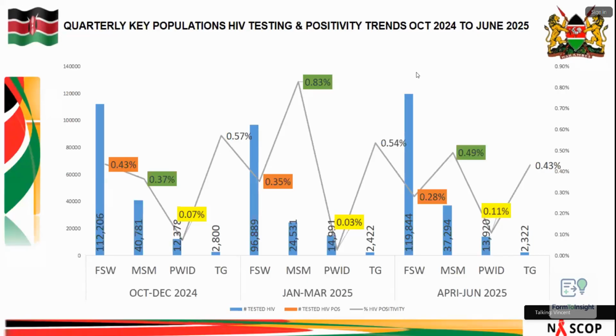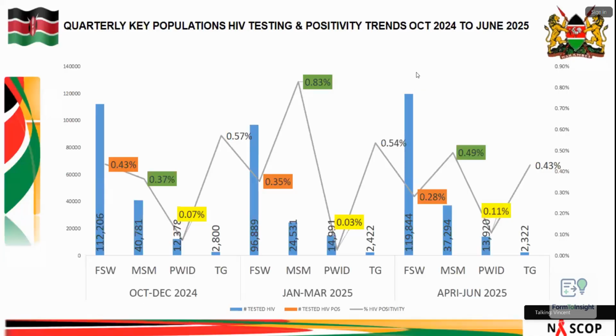So for FSW, there is a drop in positivity if you compare all the quarters. And then for MSM, again, at the quarter ending December 2024, we were at 0.3% positivity, then a slight shoot to 0.8%, and then again a drop to 4.9%.